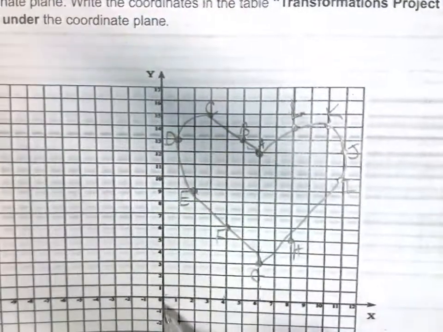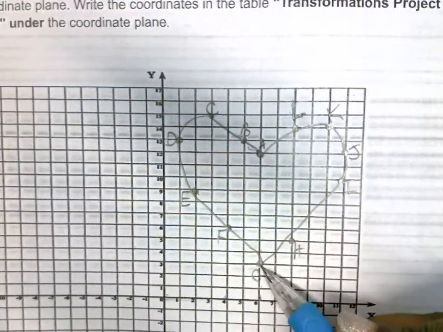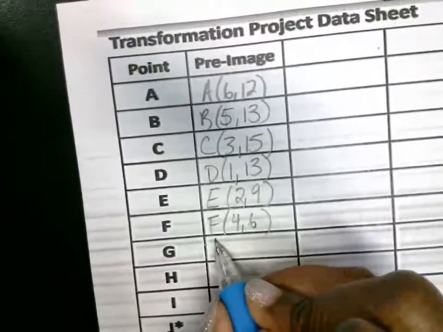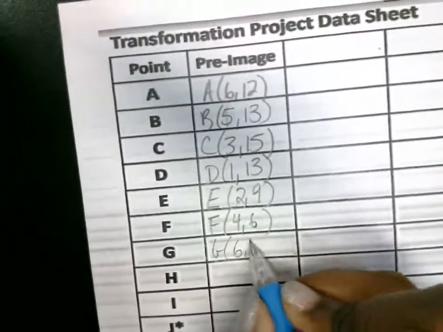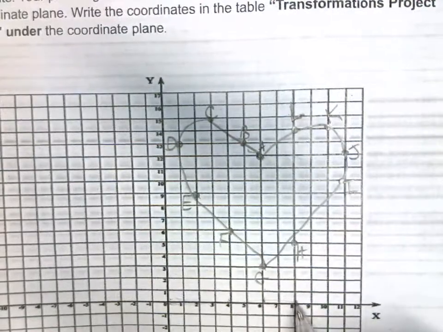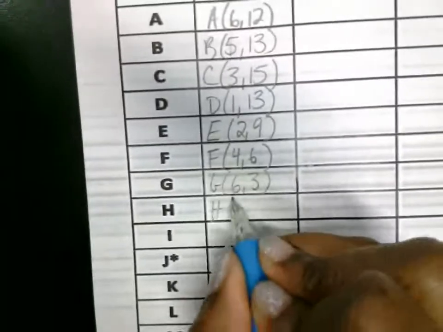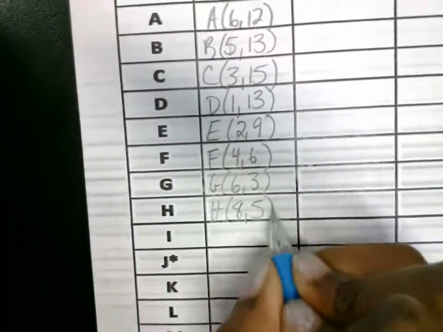G is over to 6 and up 3. So G is 6, comma 3. H is over to 8 and up to 5. H is 8, comma 5.